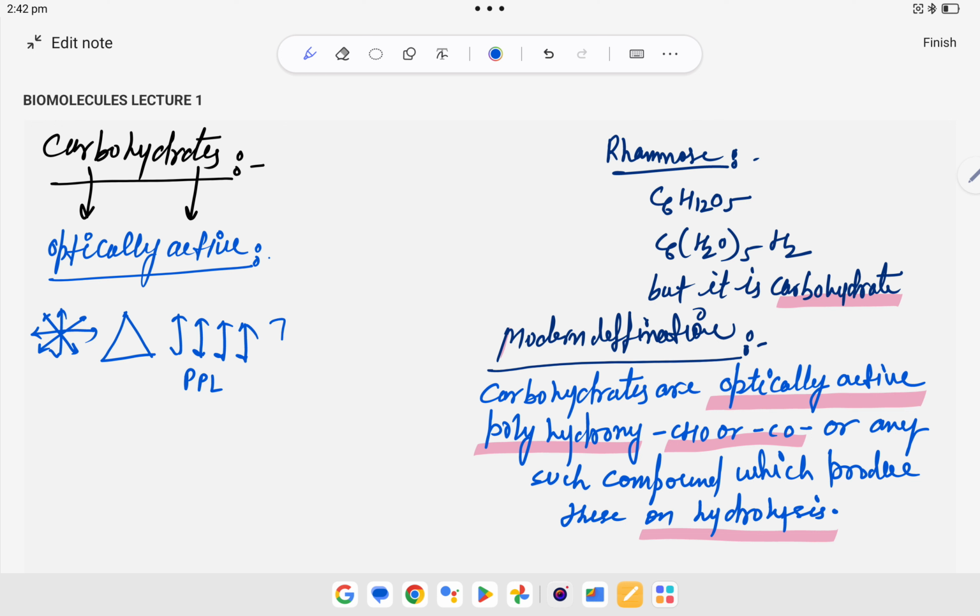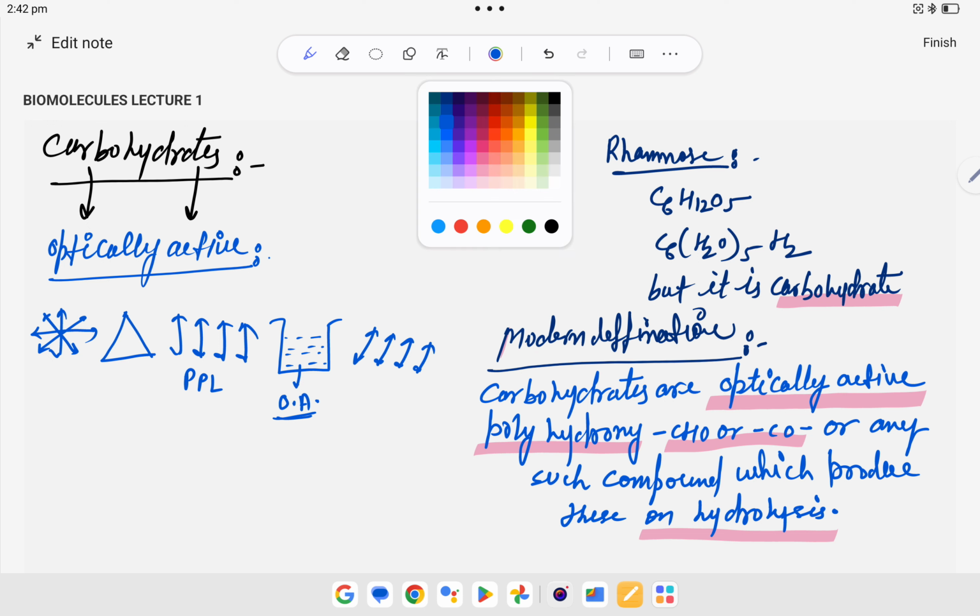And again, if this light is passing through a compound which can rotate PPL clockwise or anti-clockwise, that substance is called optically active.